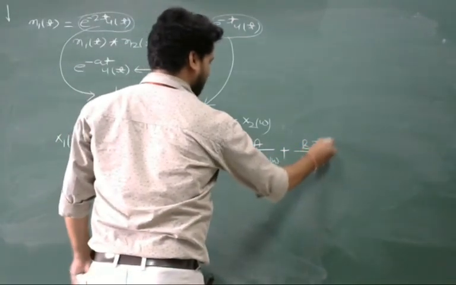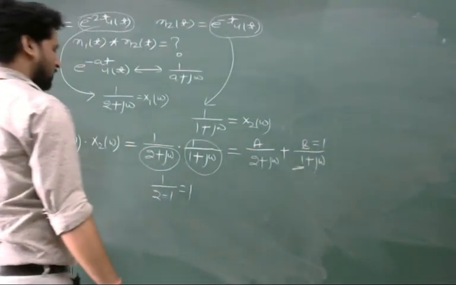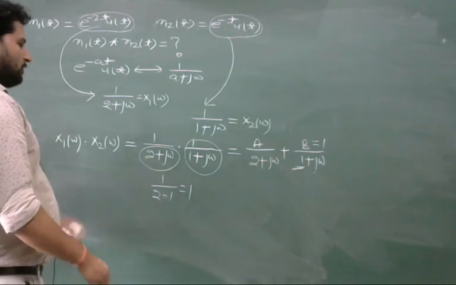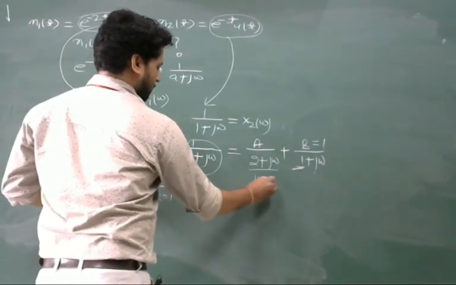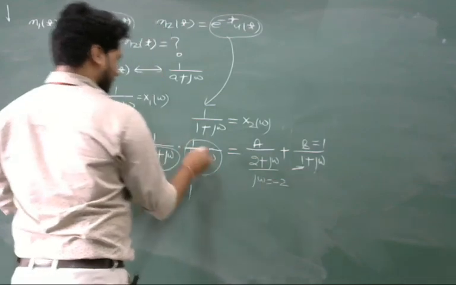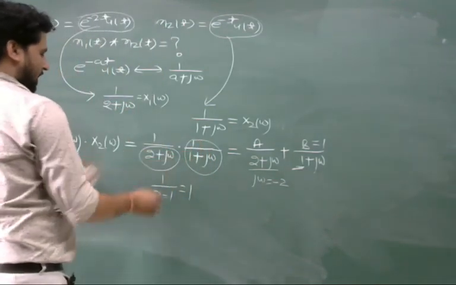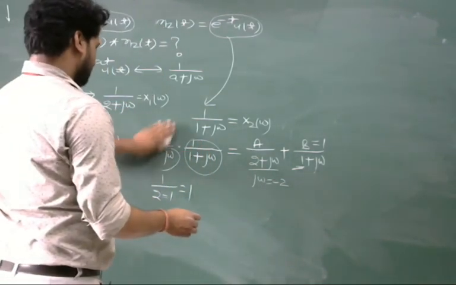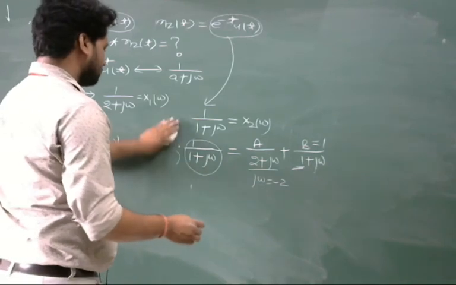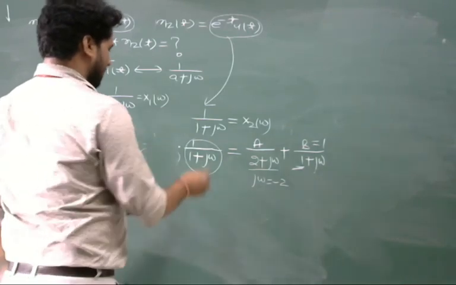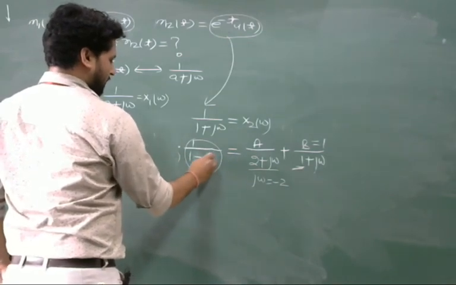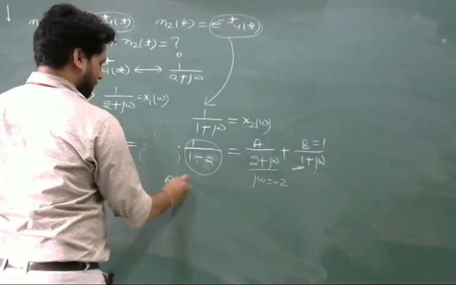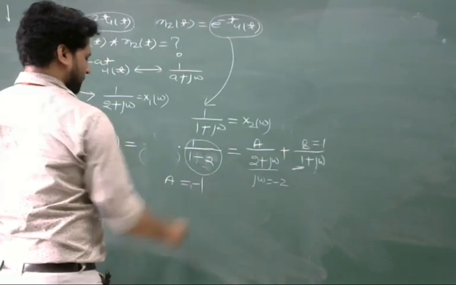This is the value of B. To get the value of A, we will put j omega equal to minus 2 in this expression and hide this term. When I put j omega equal to minus 2, the value of A will become minus 1.